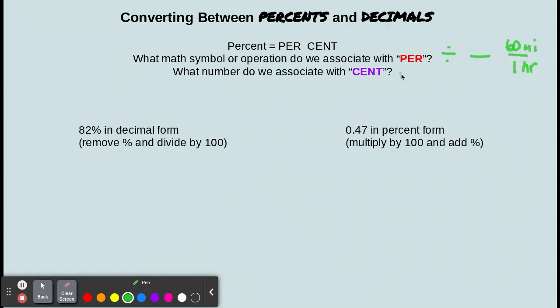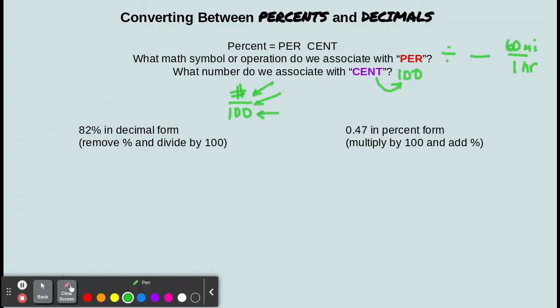And how many years are there in a century? It's 100. So the word cent is associated with the number 100. So altogether, percent is per cent, a number per 100.